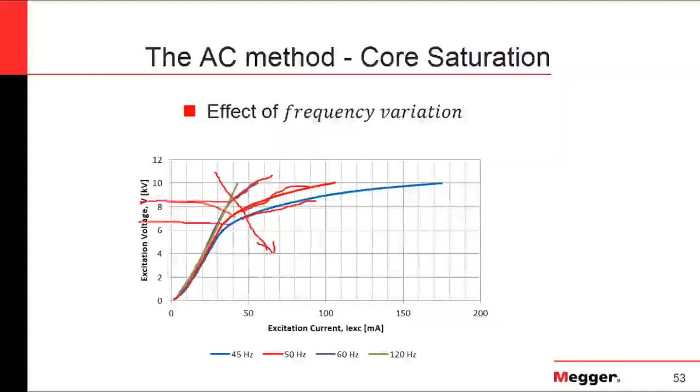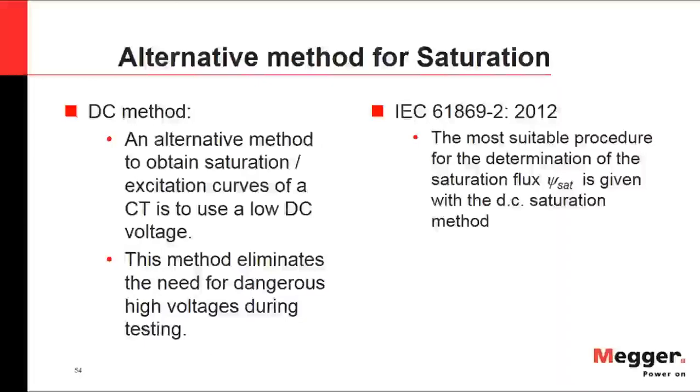Based on this concept, one of the proposed methods and the alternative to be able to measure saturation and obtain the real saturation curve on this type of CTs on the protection side is the DC method. And this is an alternative method to obtain saturation and excitation curves of the CT with very low DC voltage.